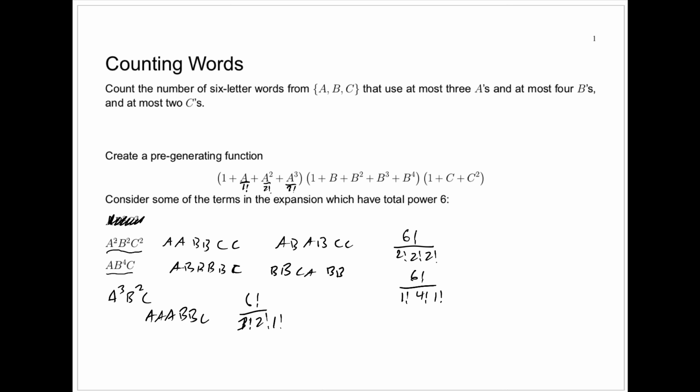Then when you use two a's, that would be like picking this term, and you'll have that 1 over 2 factorial built in. When you use an a cubed, you'll have this 1 over 3 factorial built in from the choice of this term. That takes care of the denominators, but we still have the 6 factorial in the numerators to deal with. So we're going to want to take care of the denominators just the way we saw before.